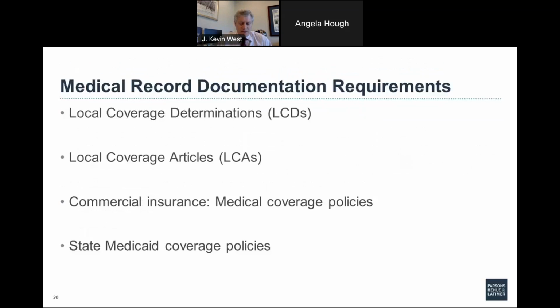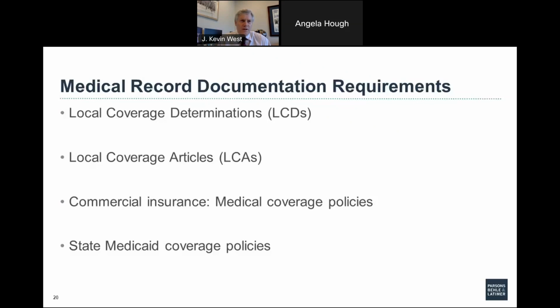In the Medicare world that I work in almost every day, there are two types of documents that providers have to know about for purposes of their medical record documentation. And those are local coverage determinations, or LCDs.